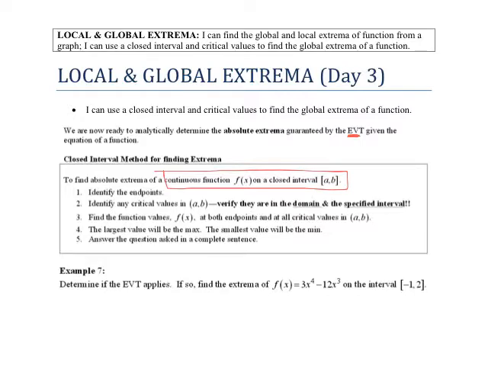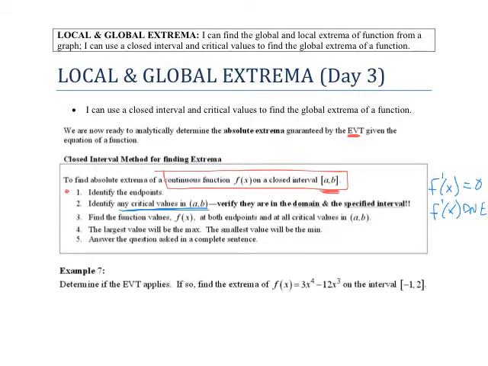So the first step is we need to identify the endpoints, and those are given to us by the interval. And then we need to find critical values. And remember, a critical value occurs where f prime of x is equal to 0 or f prime of x does not exist.